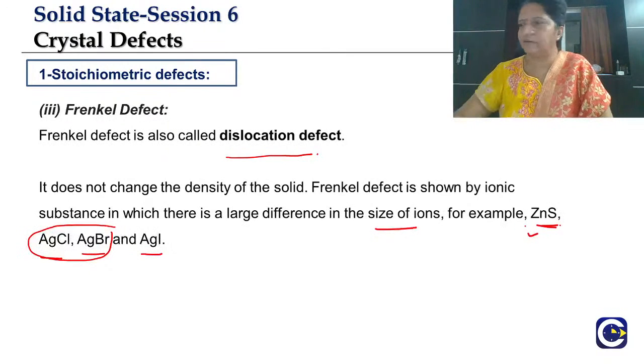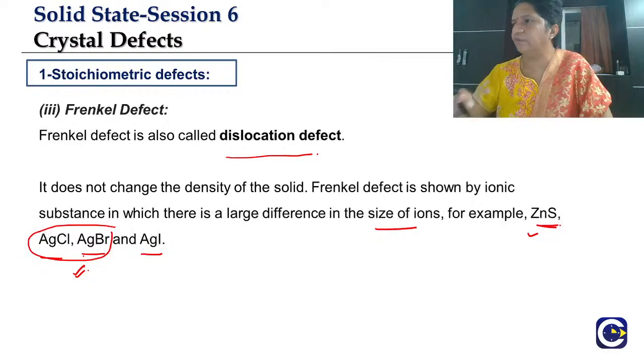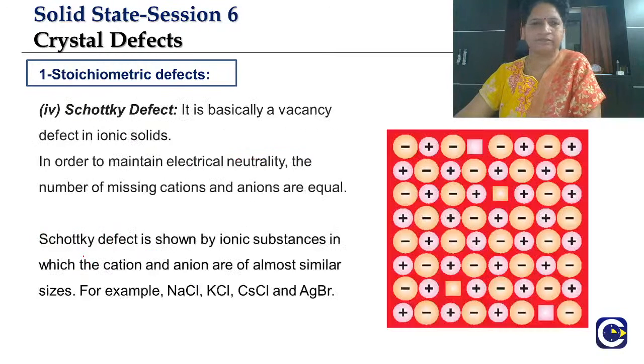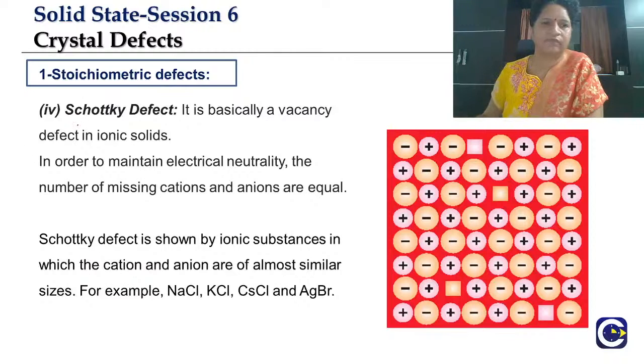When we see the Schottky defect, I will come back to it, and you will understand why I asked you to remember this. So the Frenkel defect is a dislocation or interstitial defect creating a vacancy at one position, so we can also call it a vacancy defect. Density remains the same. The cation, generally a smaller ion, moves from its position and occupies the void space. Let's take the Schottky defect.